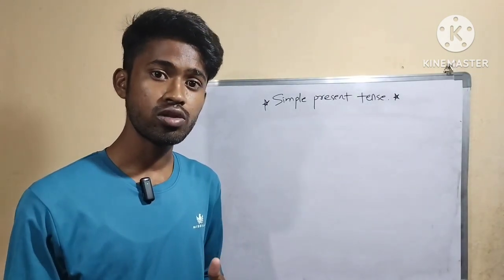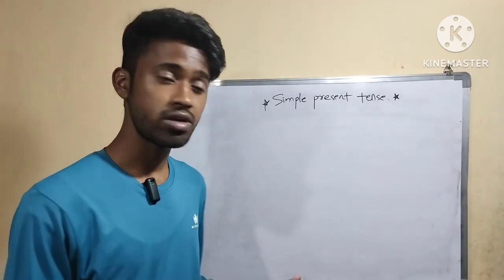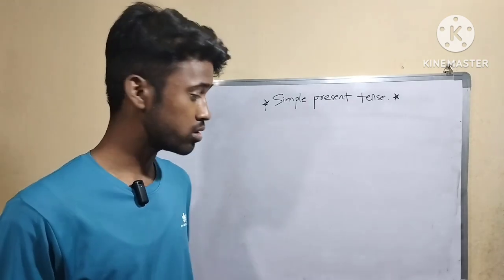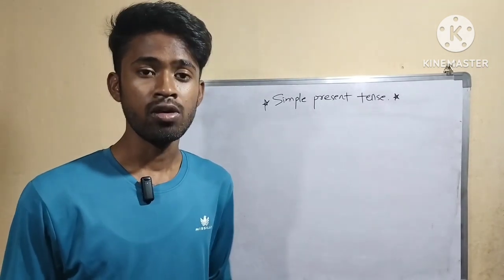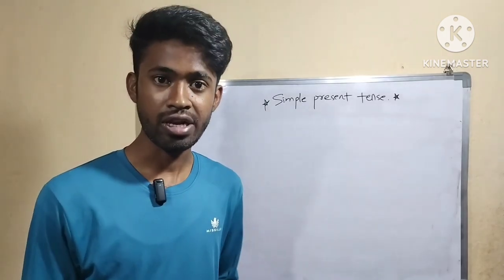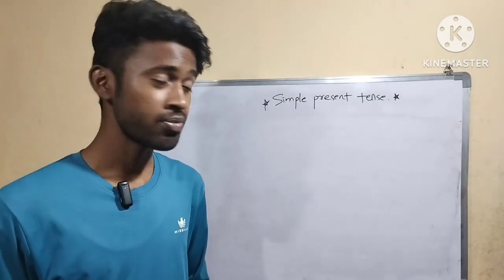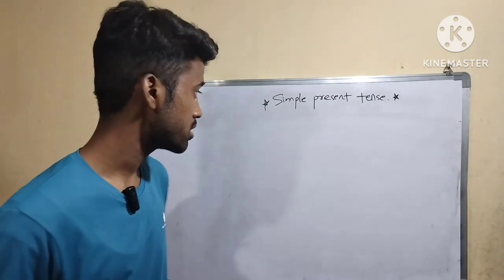Later we will turn those statements into negative, and afterwards into verbal questions. In the last we will turn those statements into WH questions. Okay, so like this, if you practice you will get a good idea how it works in simple present tense. So first let's take one positive sentence in simple present tense.